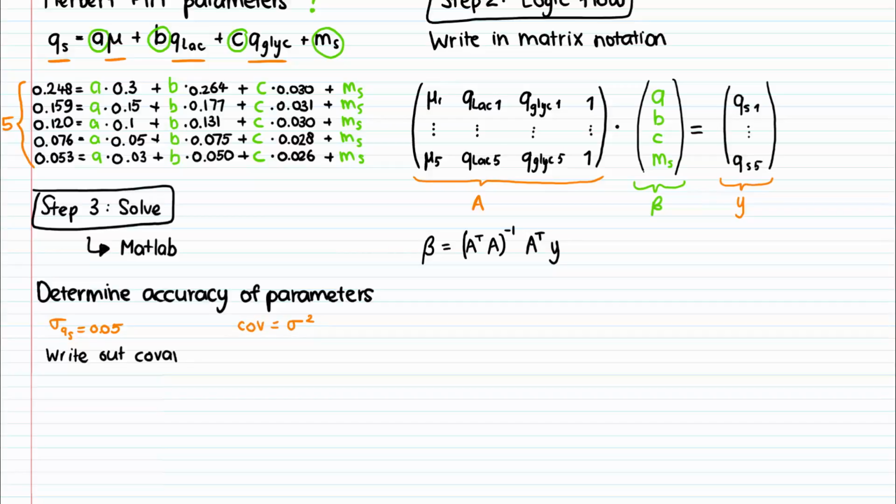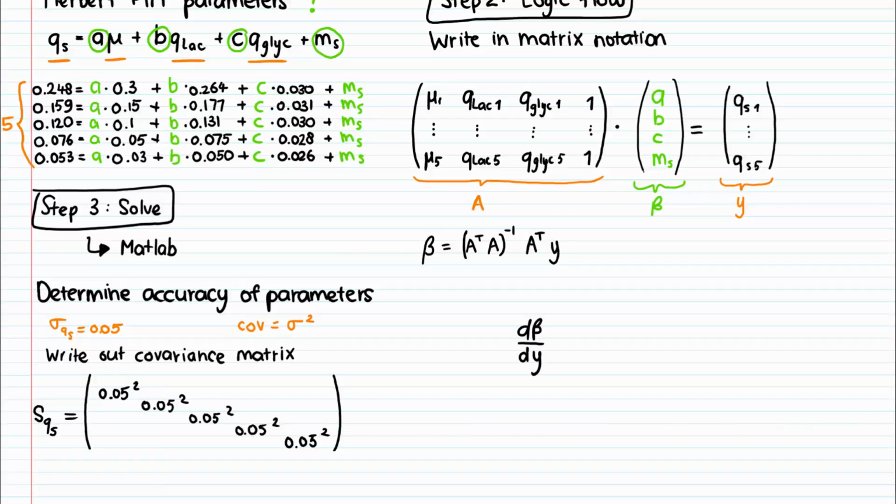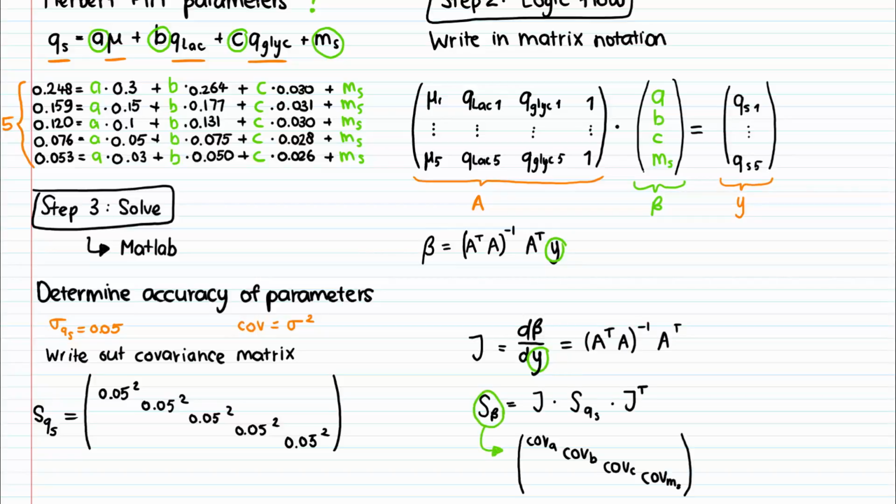Thus we can write out the covariance matrix of QS. We use the derivative of beta with respect to y, also called the Jacobian matrix, to calculate the covariance of the parameters beta. The square root of the diagonal gives us the standard deviation of the Herbert Pirt parameters.